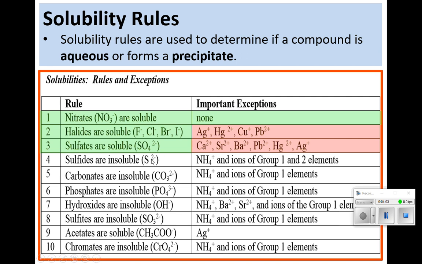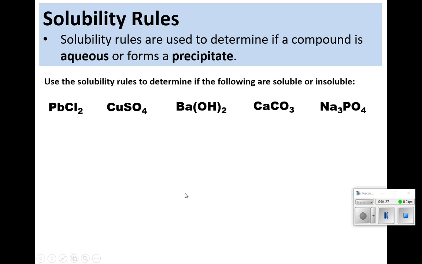Now sometimes the anions are insoluble, like the sulfides. So we have a whole series of these that are insoluble, and then you look for the exceptions that are soluble. So be really careful when you're reading this chart. You go through it, and you use this information to determine the solubility of the compound in question. So let's take a look at some examples now.